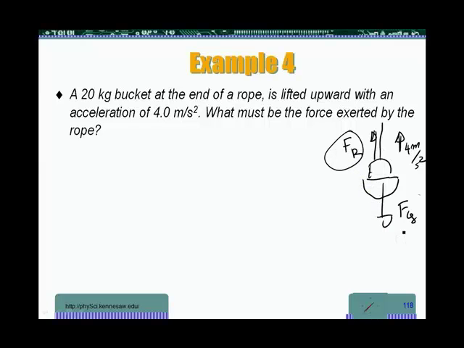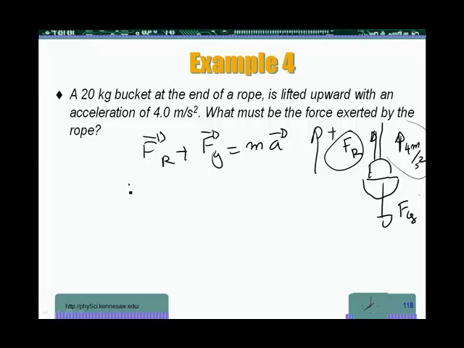They don't fully balance each other out. That's why we have an acceleration of 4 meters per second squared. Now, if I take the upward direction as positive, then what are we going to get? Fr plus Fg is equal to m times A.